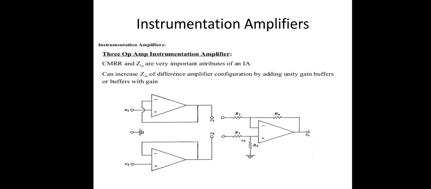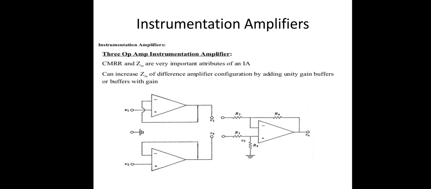These are the major characteristics of the instrumentation amplifier: low noise and drift, moderate bandwidth, and a limited range of gain. This is the characteristics of op-amps.